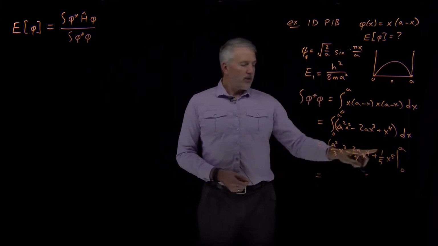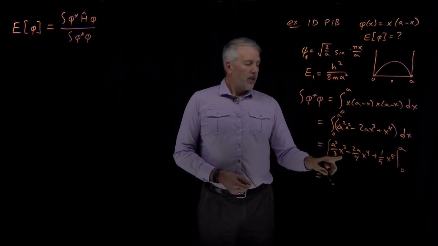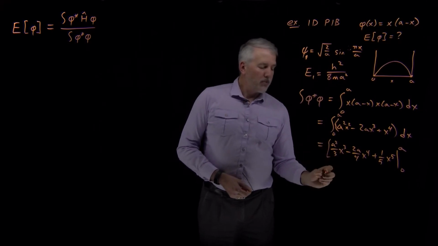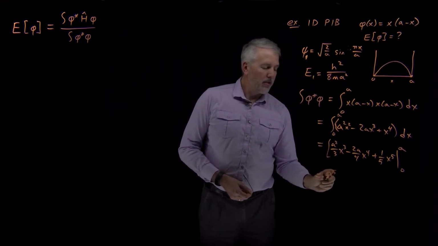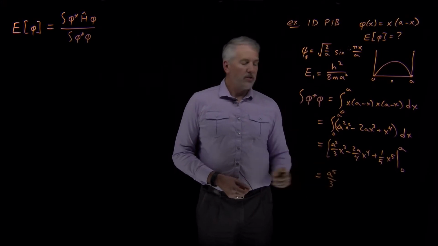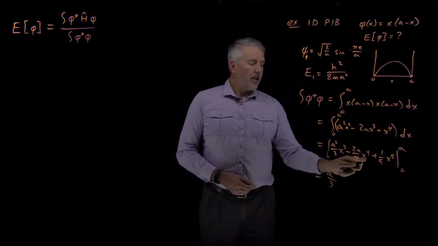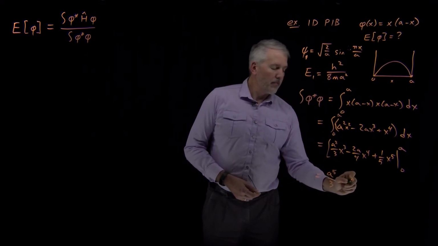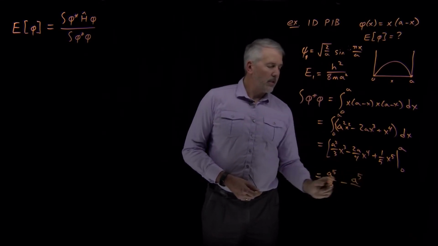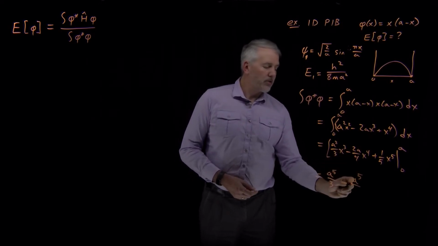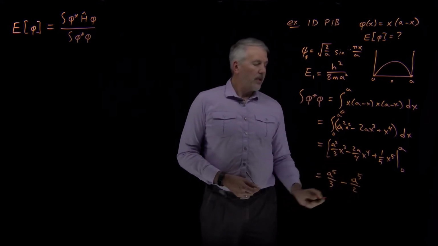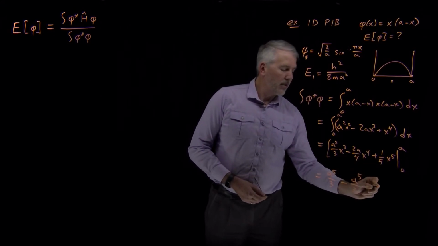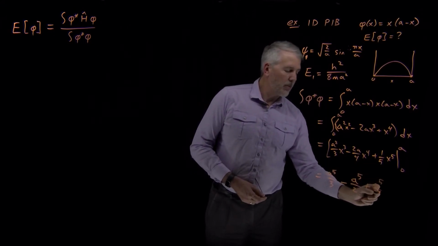So taking those terms one by one, if I plug in a for each x, a squared times a cubed gives me a to the fifth. There's a 3 in the denominator. a to the fourth times a is also a to the fifth, and this time I've got a 2/4, which is 2, in the denominator. And in the last term, a to the fifth with a 5 in the denominator.